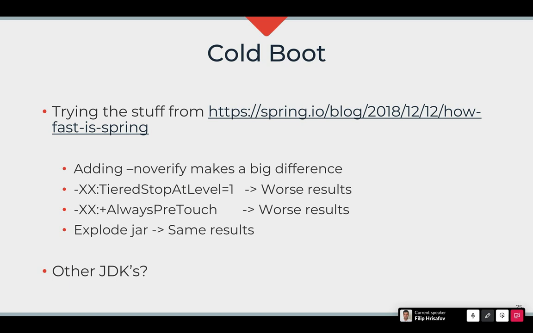Pre-touching classes and jars should have made a positive difference, but for us it didn't. Exploding the jar: instead of the jar being unzipped in memory at runtime when you use java -jar, you do that up front and run the exploded jar. That didn't seem to make a difference, at least on this setup, on this benchmark, on this machine.